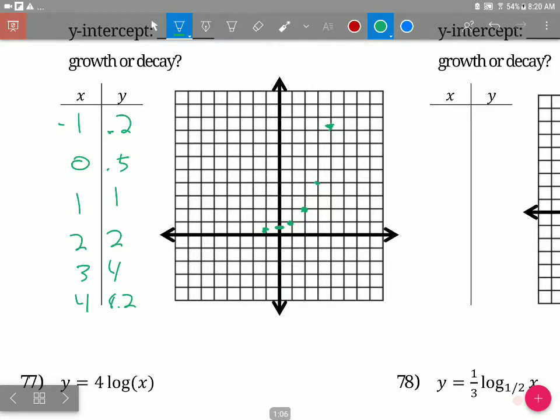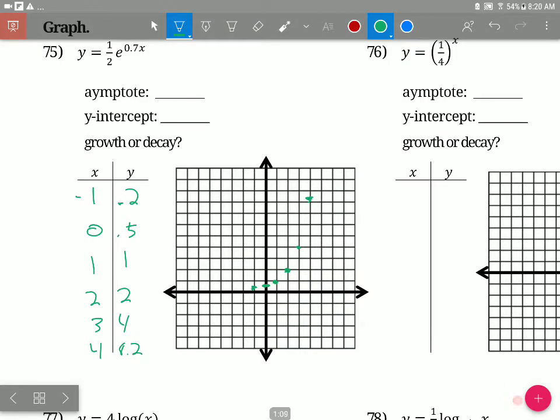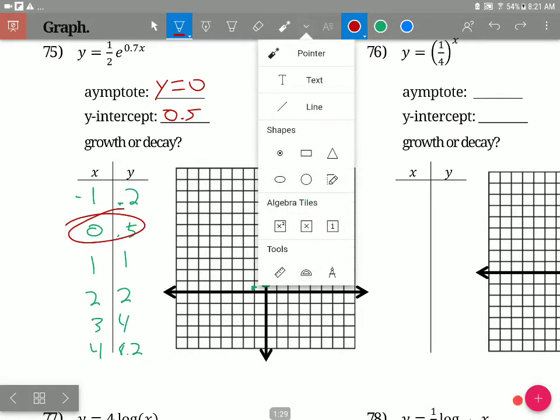Your y-intercept is right there, 0.5. Your asymptote is at y equals 0, unless something is shifting it up and down, which is not the case. Oh, I forgot I can do this. Let's put in the line.